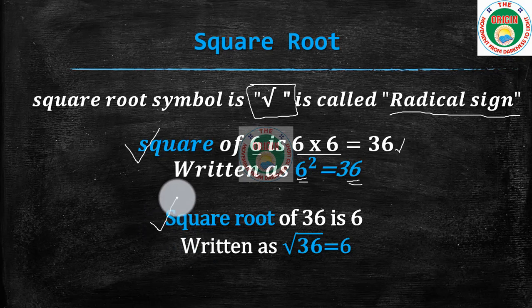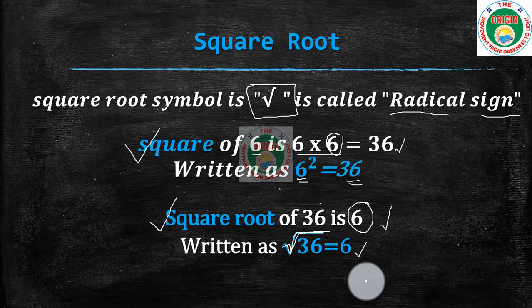Coming to the square root, square root of 36 is 6. Written with the symbol like this, square root of 36 equals 6. We can write the notation like this.